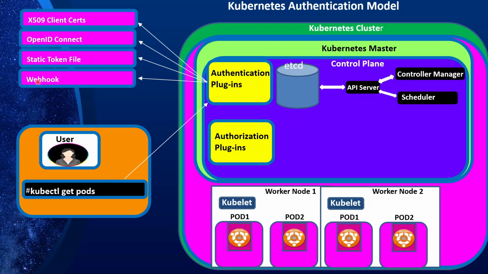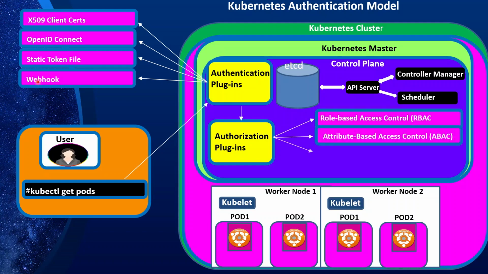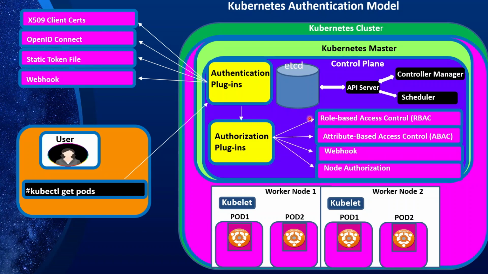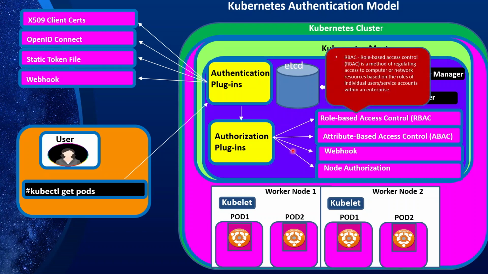In any case, once the user is authenticated, they then need to be authorized. Again, authorization has a plugin model, and an administrator can enable one or more of these methods: role-based access control, attribute-based access control, webhook, and node authorization. Let's go through those very quickly.